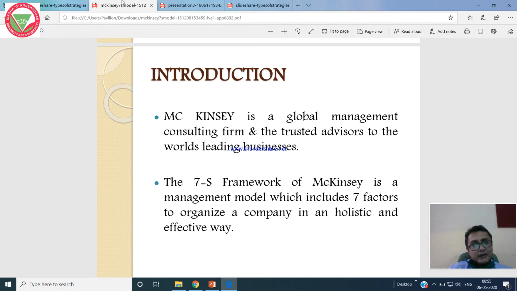Whoever their client is, very big brands like GE or any other company, they are one of the trusted advisors for expanding their businesses. The 7S framework of McKinsey is a management model which includes 7 factors to organize a company in a holistic and effective way. I want to tell you something here. What do you mean by this holistic and effective way?